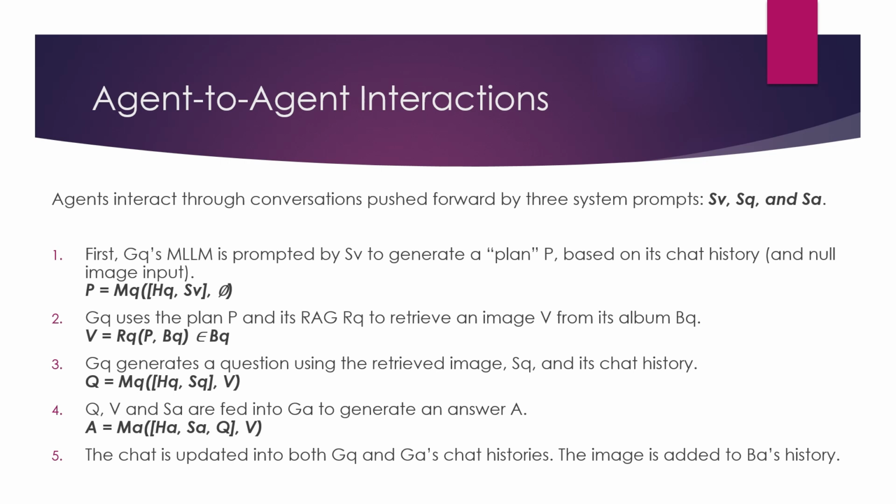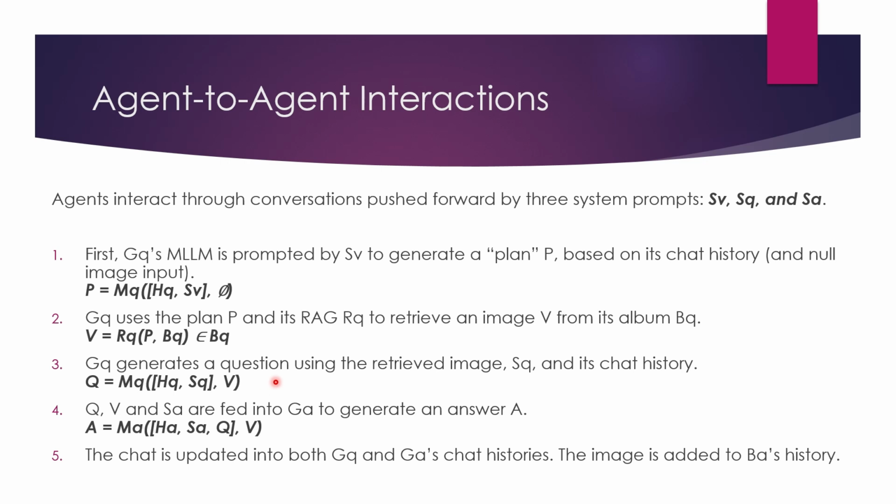After it's generated that plan P, it uses the plan and the internal RAG module that it has, RQ, to retrieve an image V from its album, BQ. It then generates a question using the retrieved image, the system prompt SQ, and its own internal chat history.